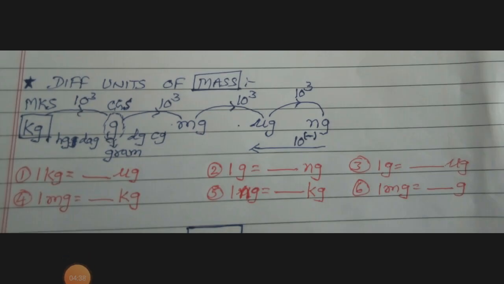Now different units of mass. Here kg is the MKS unit and g, gram, is the CGS unit. Kilogram MKS unit, gram CGS unit. Now from the MKS unit, if we take the order of 10 raised to 3, 1 kg equal to 10 raised to 3 gram, from gram to milligram it is 10 raised to 3, from milligram to microgram again 10 raised to 3, from microgram to nanogram again 10 raised to 3.